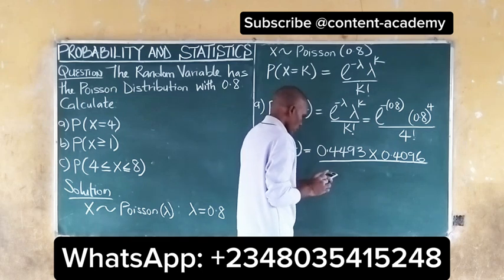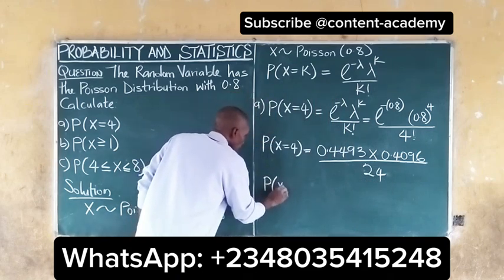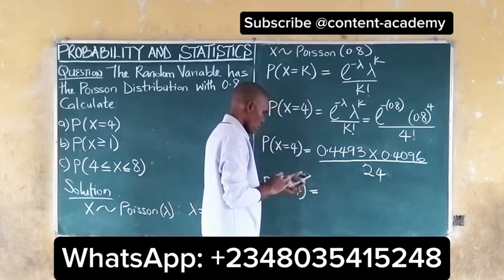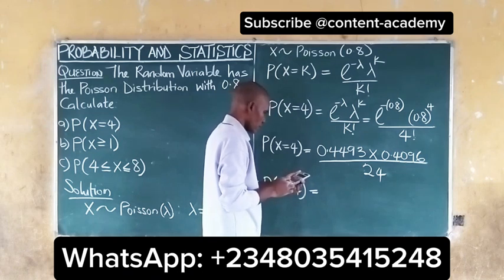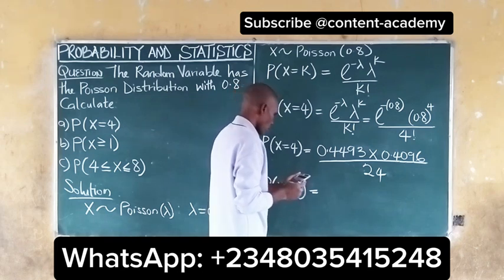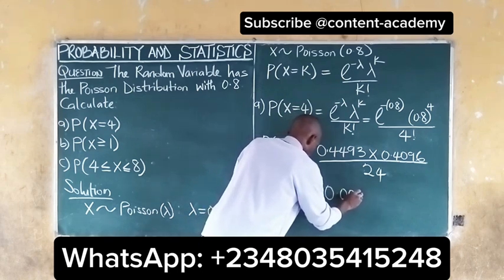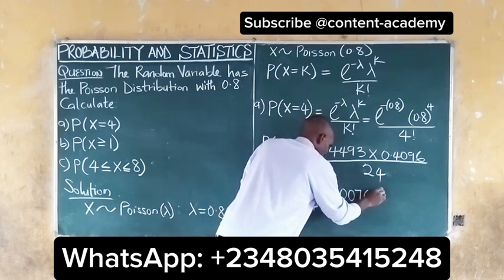So the probability that X is equal to 4 will be 0.4493 multiplied by 0.4096, then the answer divided by 24, which gives 0.00767.